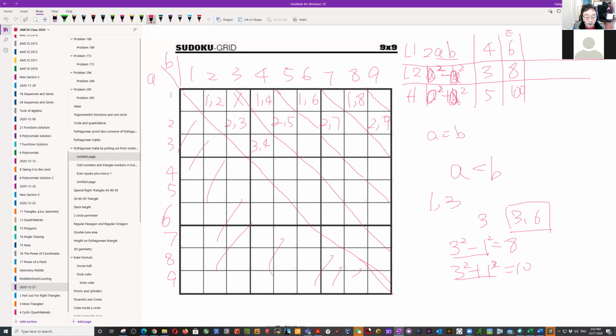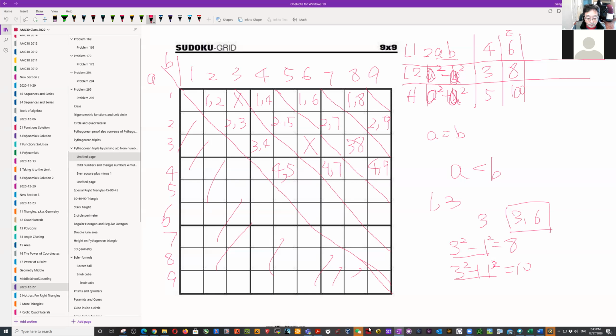So 3, 6 also needs to be excluded. Then 3, 8. Then 4, 5, and 4, 7, and 4, 9.